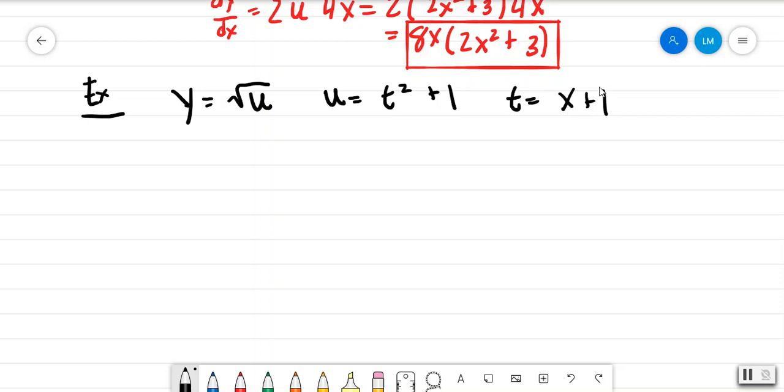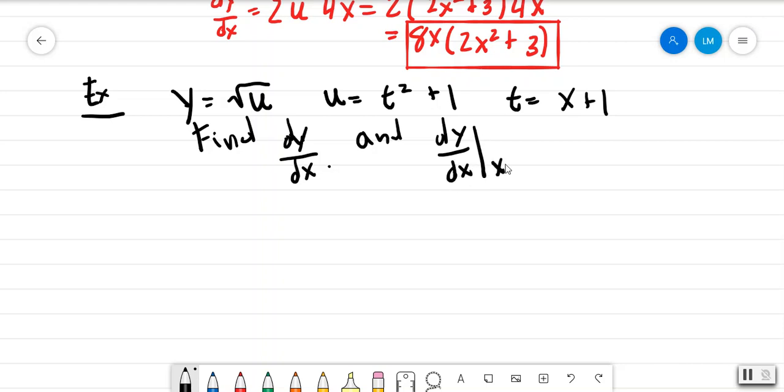Now, notice that if we want to find dy/dx, you're going to have multiple chains. For that matter, what we'll do next is find the derivative dy/dx for when x is equal to 1. That's not too bad, but it's going to require quite a bit. So here's what we'll do.